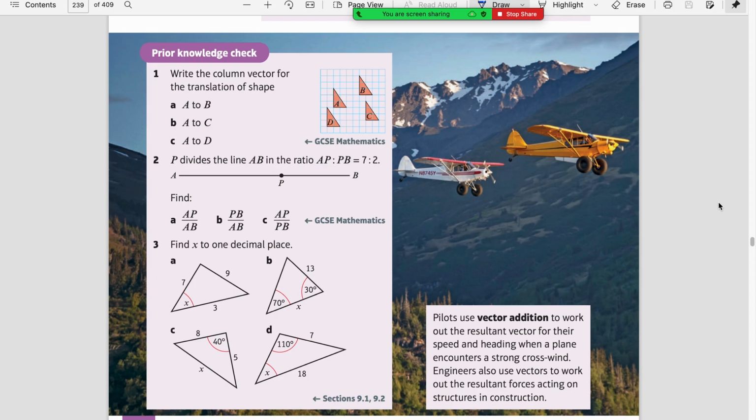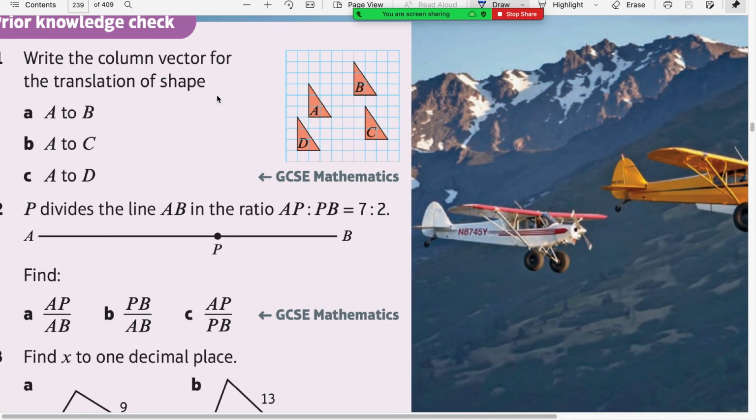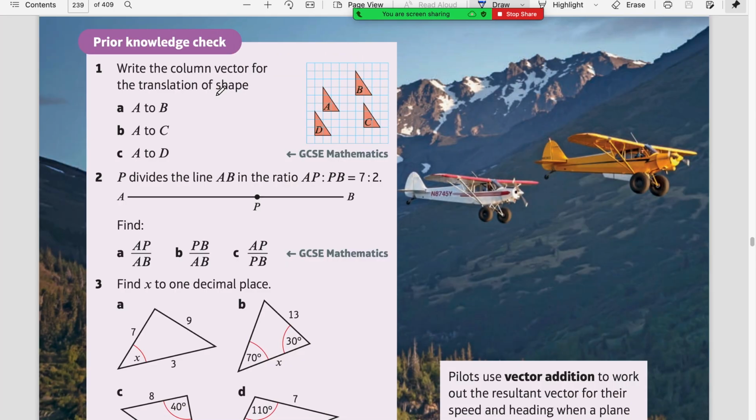So let's see. Prior knowledge, obviously this is a translation vector. The column vector for the translation of shape A to B. So if it is moving from A to B, we can say that this movement is 1, 2, 3, 4 boxes to right and 2 boxes upwards. So I can say this is 4, 2.